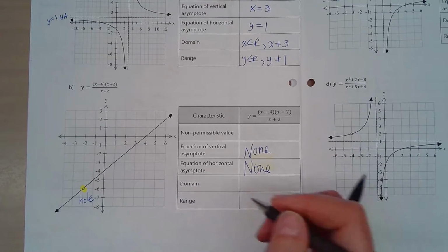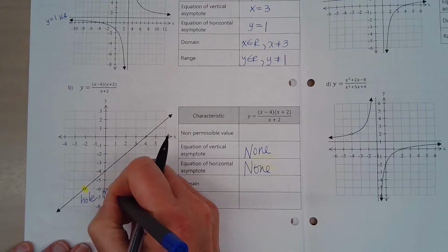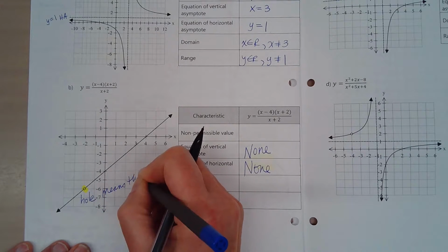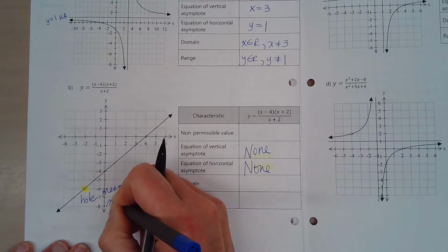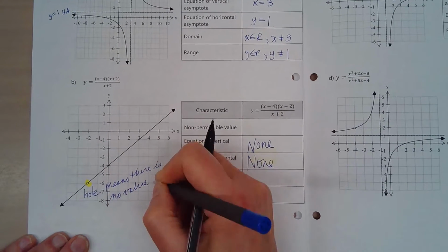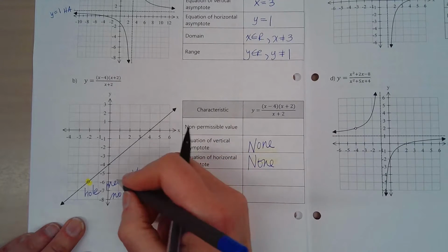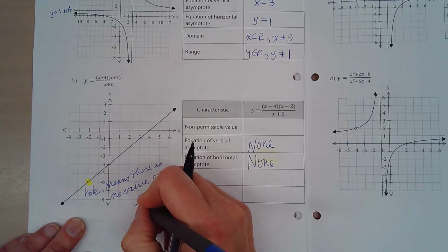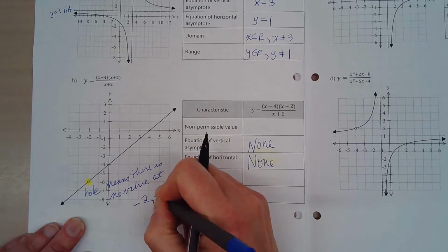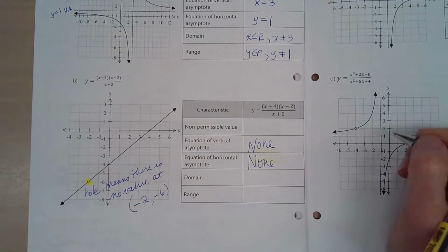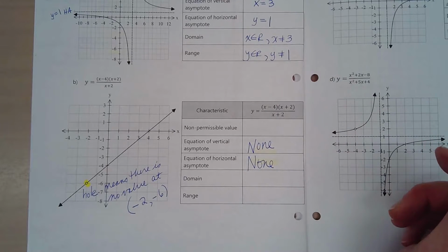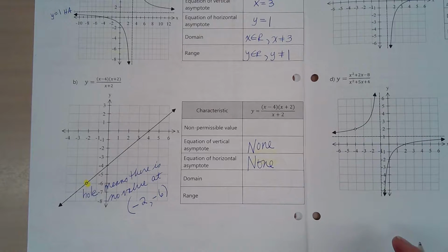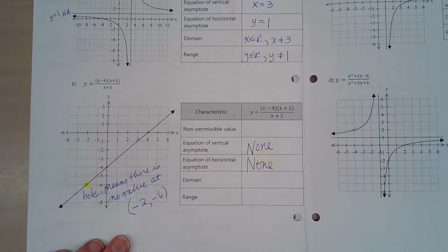But I do see a hole. A hole means there is no value at x is -2 and y would be -6, right? That hole means the graph is empty there. That point is not included in that infinite set of points that creates the line. So there is a non-permissible value, right?